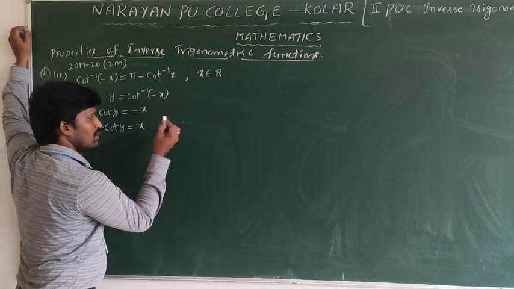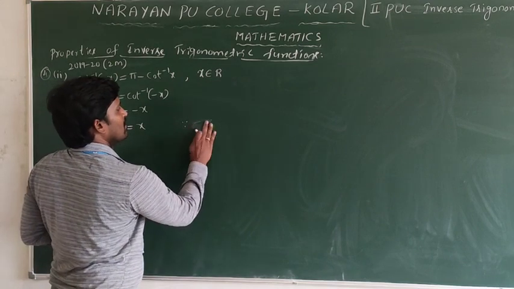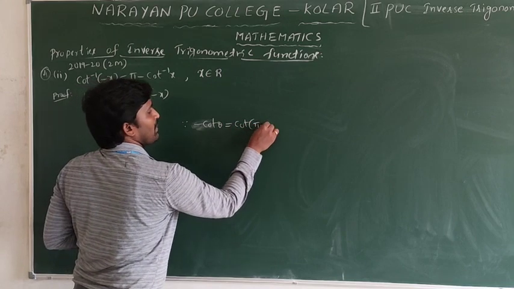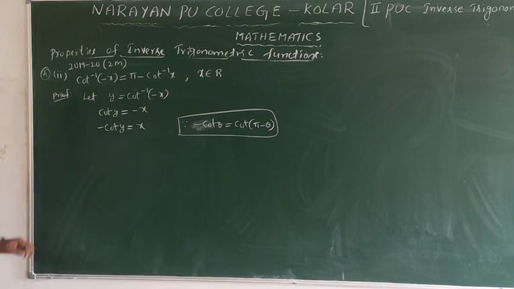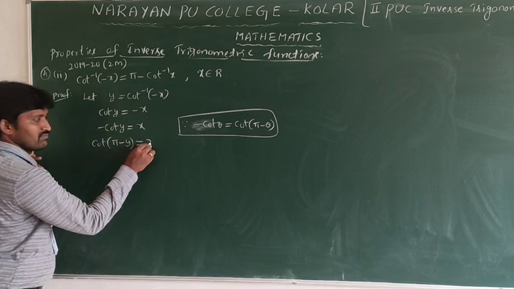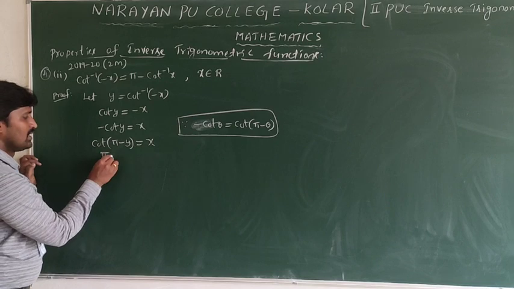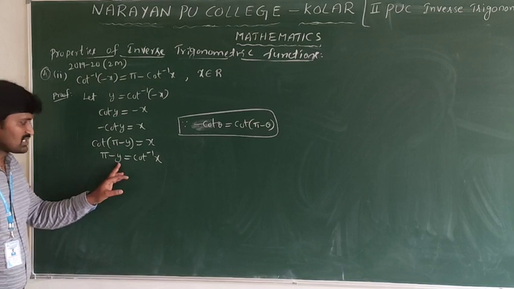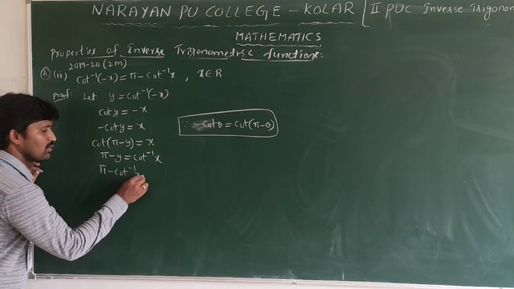Same here also, we are not able to take cot inside, so we write minus cot theta in terms of cot of pi minus theta, because cot is negative in the second quadrant. So minus cot y we can write as cot of pi minus y equal to x. Take cot to the right side, now pi minus y equals cot inverse x. Now pi minus cot inverse x equals y.